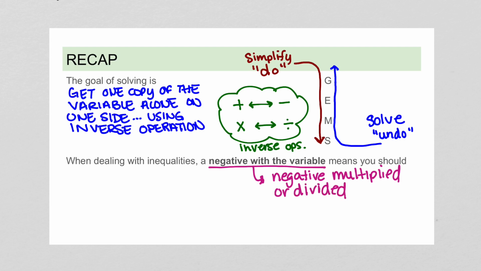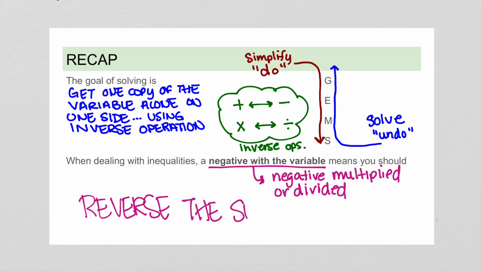So when you multiply or divide by a negative, it will reverse the symbol. So that basically means it's going to flip. So if it was greater than, it becomes less than. If it was greater than or equal to, it becomes less than or equal to, and vice versa.